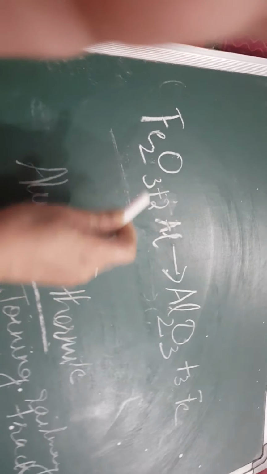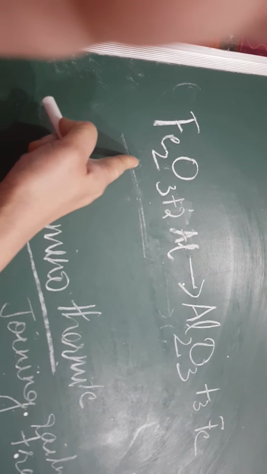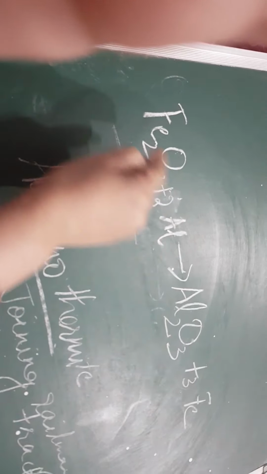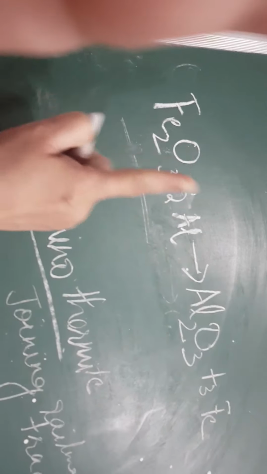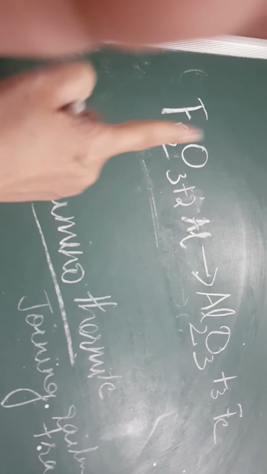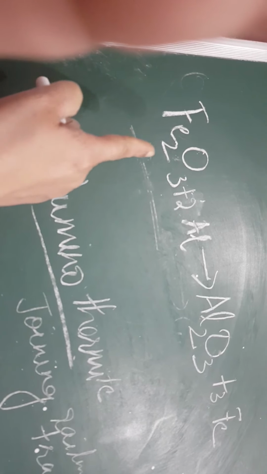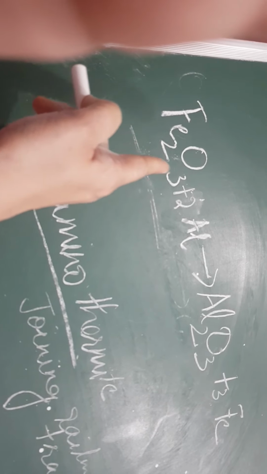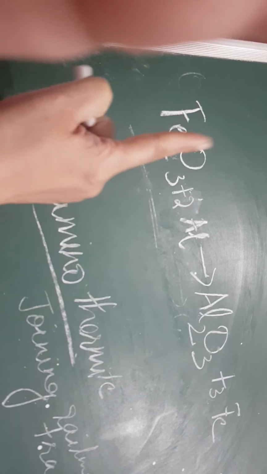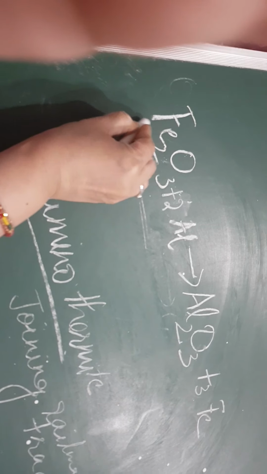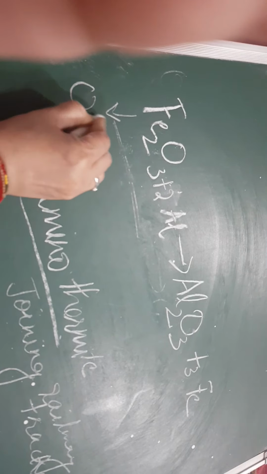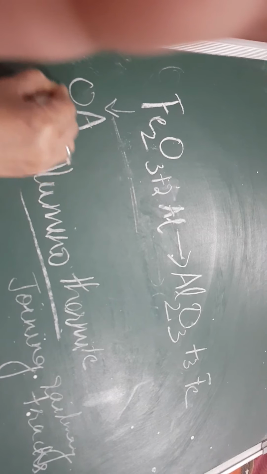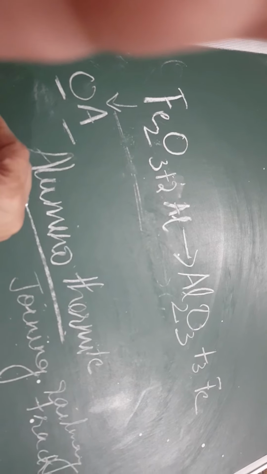Ferric oxide Fe2O3 is losing oxygen, so it is itself getting reduced. If it is itself getting reduced, it is the oxidizing agent. O is for oxidizing, A is for agent.